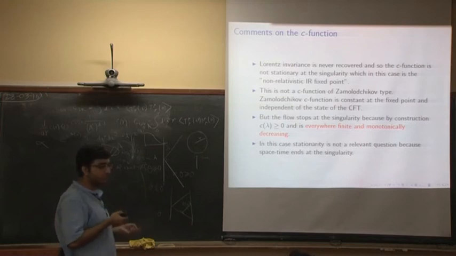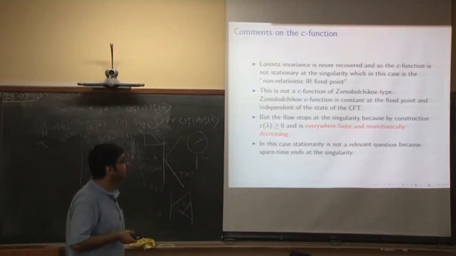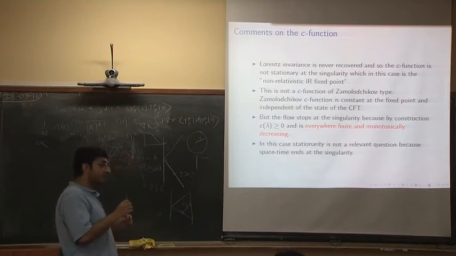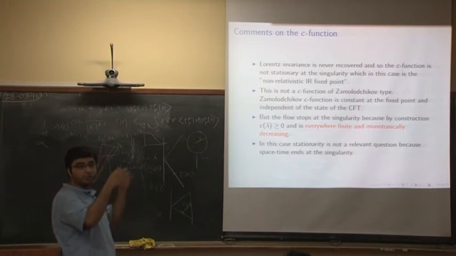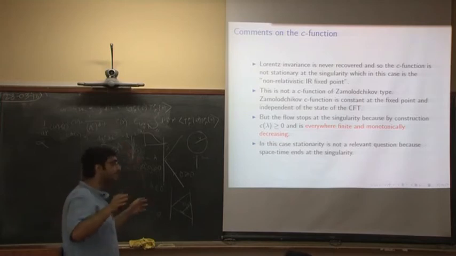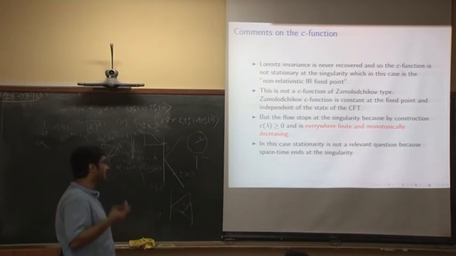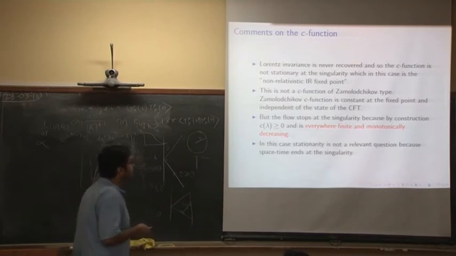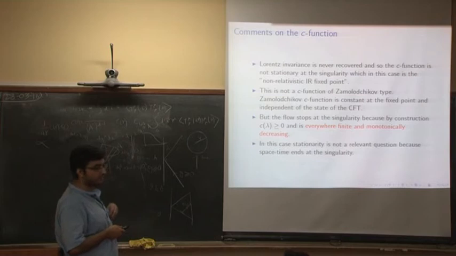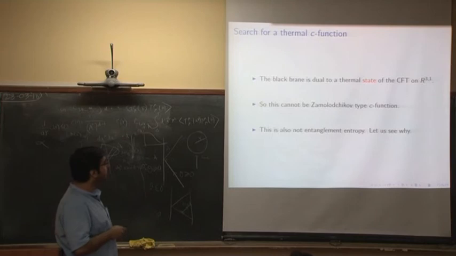And so if you compute the Zamolodchikov C function, it is state independent, and the point is that it will not know whether it's in a Hartle-Hawking state or in a Jackman state. Okay, so does such a quantity really exist? It turns out that, okay, I'll not be able to prove that this is monotonically decreasing, but I'll show that you can define a quantity.